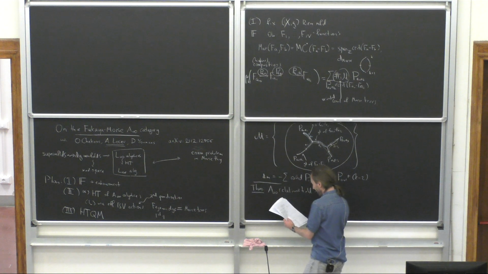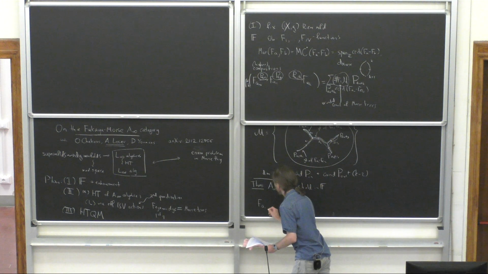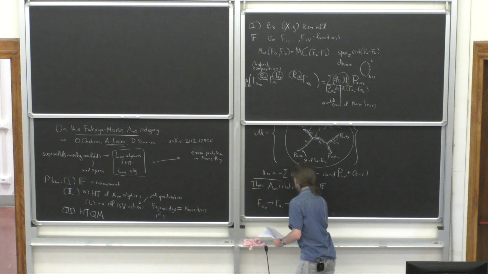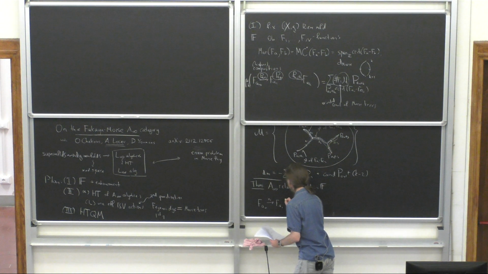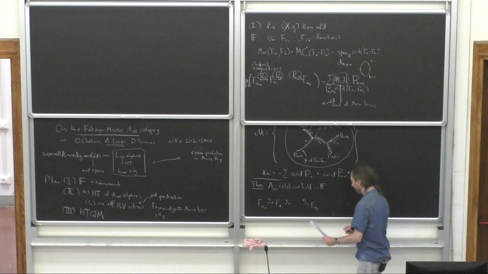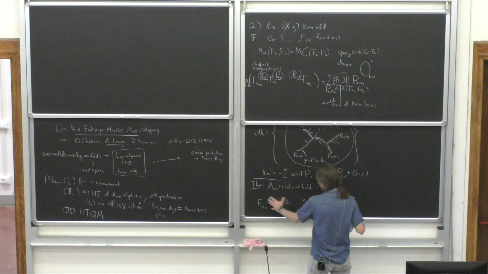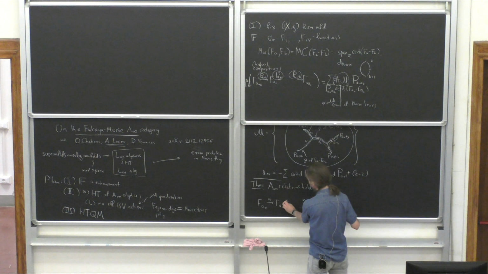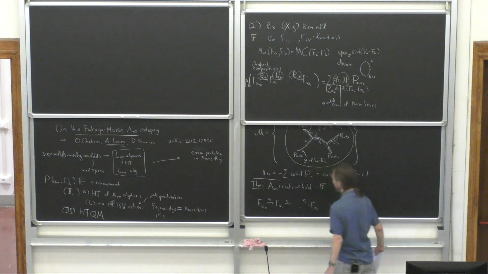Okay, so let me just remind what the A infinity relations are. If I have some sequence of composable morphisms, let me call them now x1, x2, and so on, xk, each of them a combination of critical points, then I can select some substring and compose it, replace the substring with its composition, and then apply the composition to the resulting string.